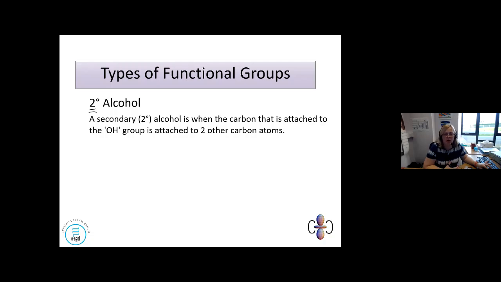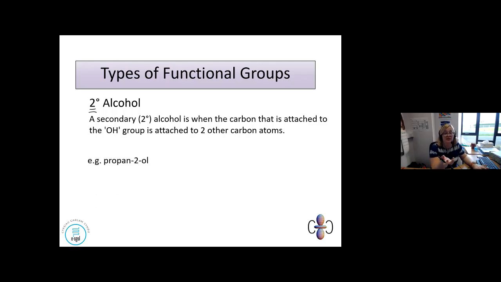A secondary alcohol can be on the 100th carbon in the middle of a huge chain, but as long as it's in the middle of a chain with a carbon atom either side, then it's still classified as secondary. So don't get misled by that. The 2 simply means attached to 2 other carbon atoms, not on the second carbon itself.